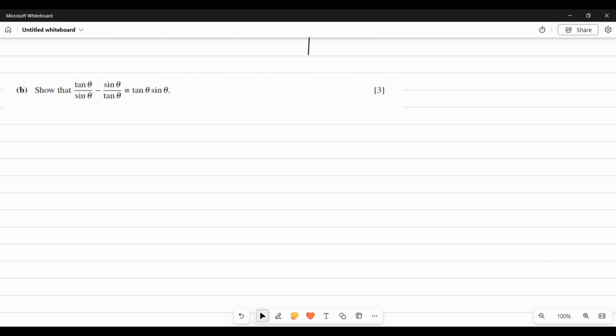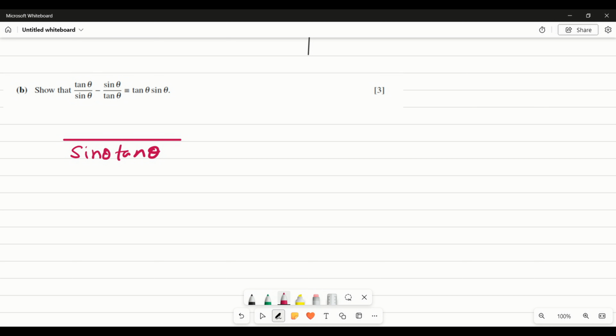So what you have to do in this question is that you can consider the following, tan theta, okay, tan theta is the same as what? Okay, we can start by getting the LCM. LCM is sine theta, tan theta. Anytime you find the denominators are different, just multiply them to get their LCM.